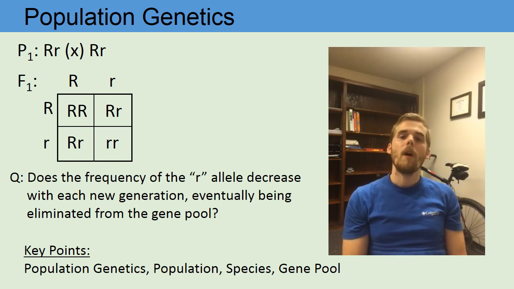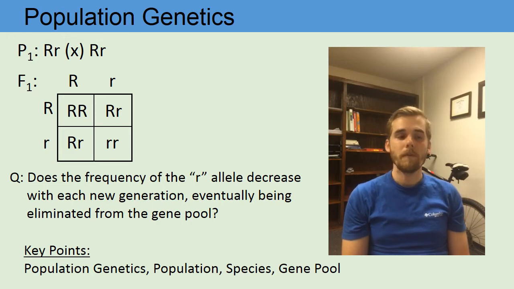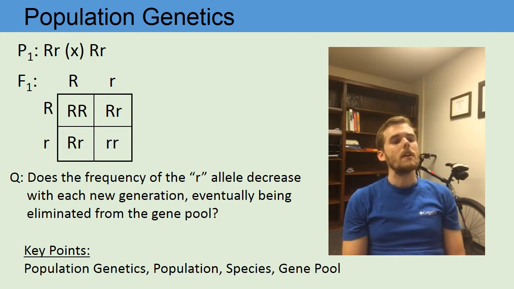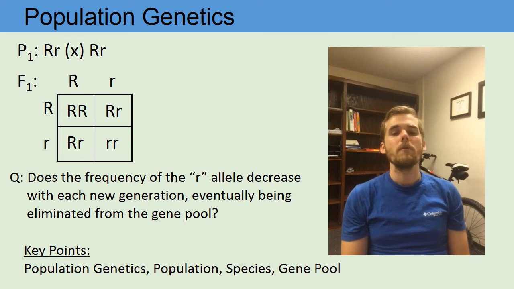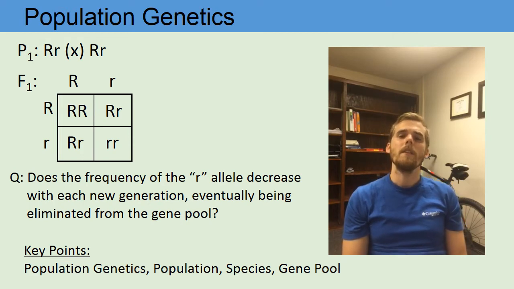So all of the possible alleles for any given trait that exist within a population are collectively known as the gene pool. So I just want to go through a scenario using what we've learned from our discussion of Mendelian genetics and talk about the gene pool of a population.